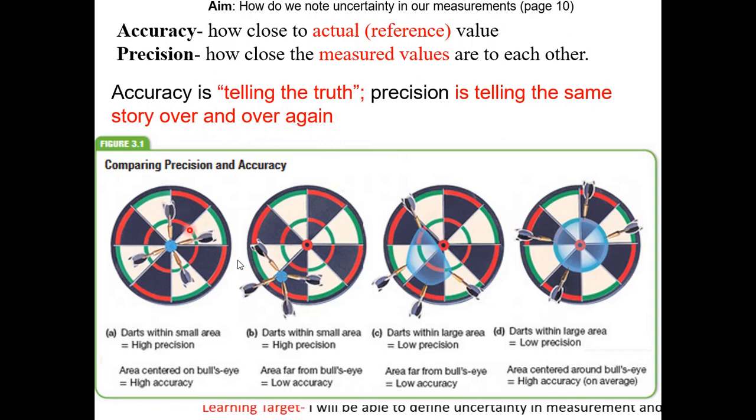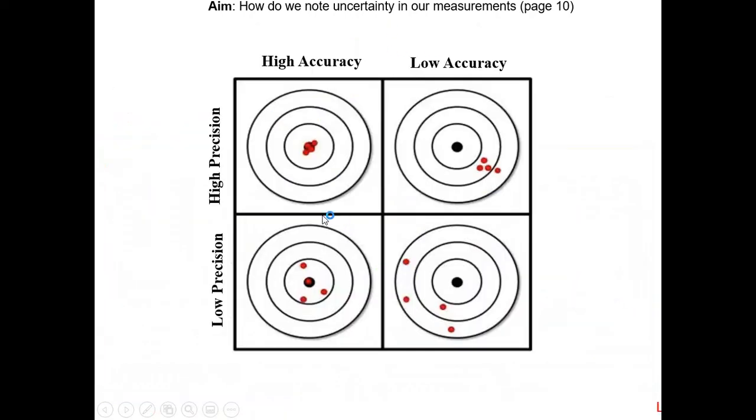Okay? So here are some targets from the textbooks as examples. If you have high accuracy and high precision, then all your values are hitting the bullseye consistently. If you have high accuracy but low precision, basically you're off by a bit. You're not as consistent, even though all your values are close to the actual value.